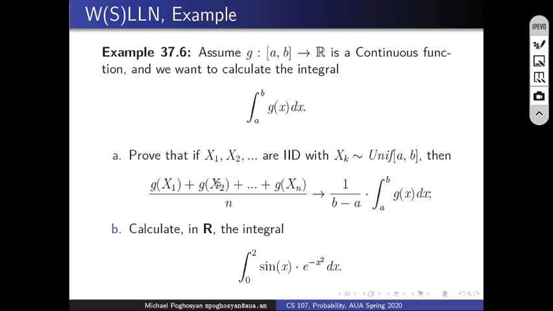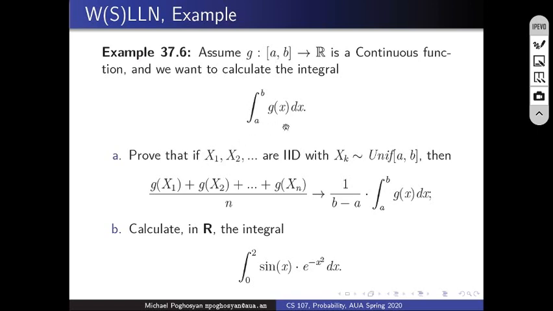But in the multi-dimensional case, the Monte Carlo method will work nicely even if numerical methods will not work, because of the curse of dimensionality.